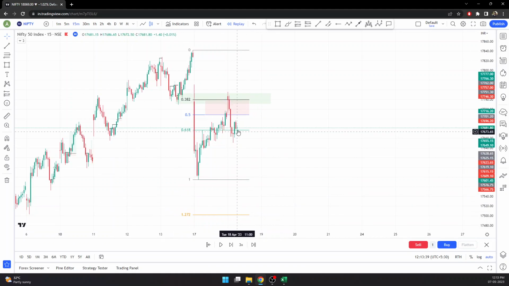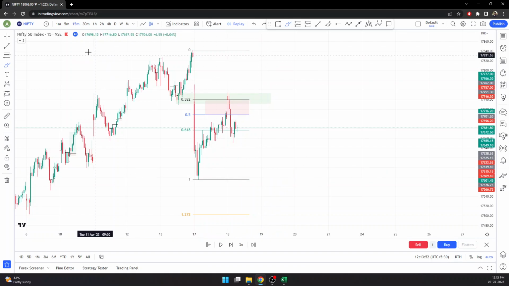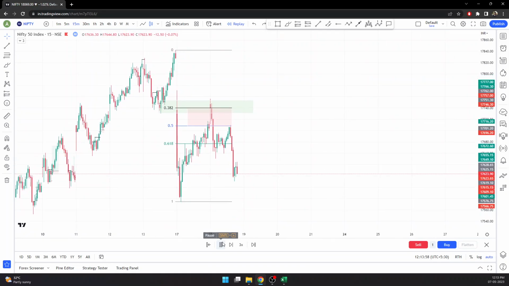It should break this particular level. So let's say this is the break, it should continue and break these lows here. If it does not, then there is buying pressure, we can say. So I'm not taking any trade even though it moves a lot.